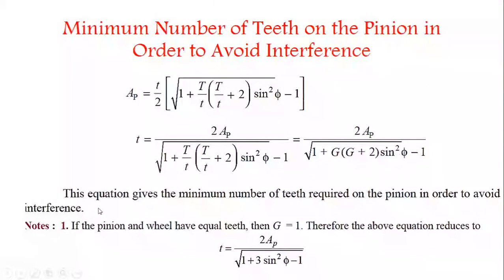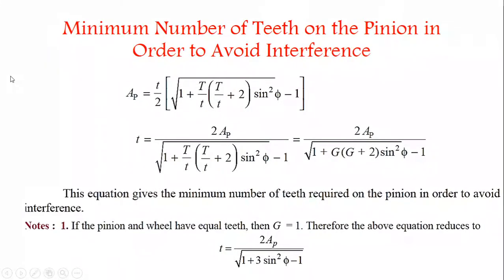In the previous tutorial, we discussed interference. Two basic methods are used to avoid interference of meshing gear wheels, that is, two mating gears.